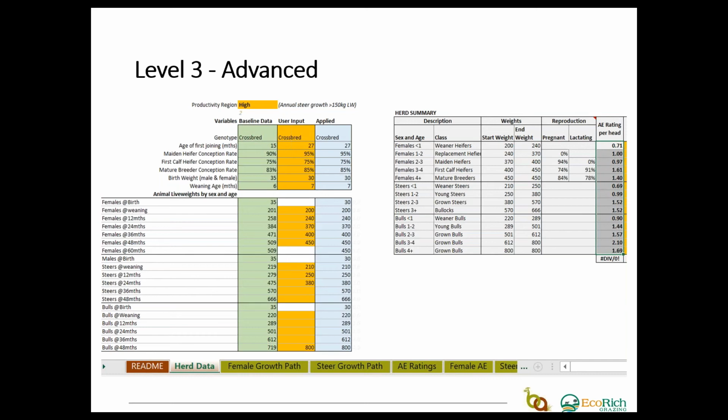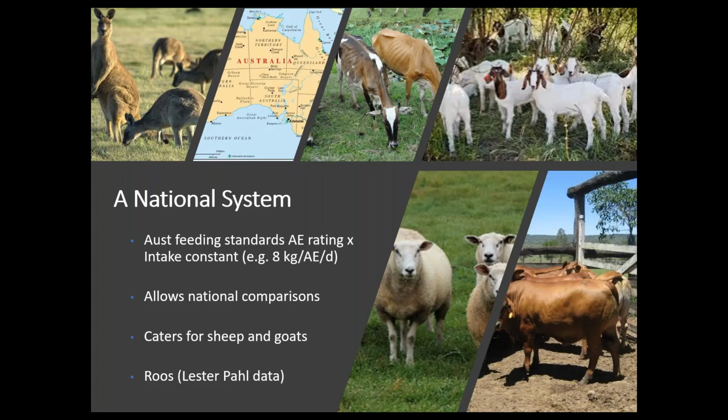And then there's other tools as well, and then the next step would be quick intake. If you've got a good estimate of digestibility, you can use quick intake to get to an intake figure that way as well. So where we've got to is a national system, so it can apply for sheep, cattle, goats, and we're also looking to include kangaroos.